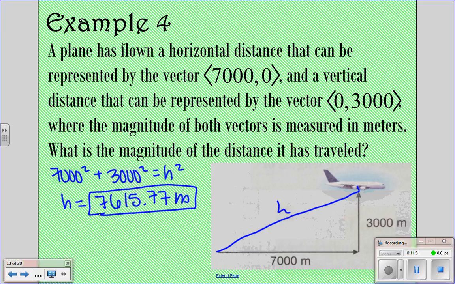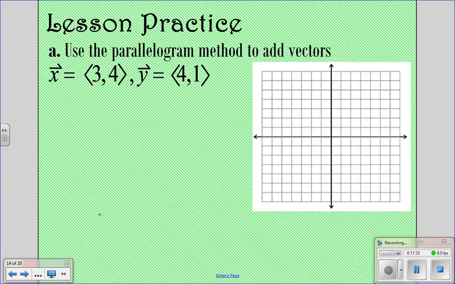Okay, so now we're going to look at some practice problems. I want you to try the parallelogram method to add the vectors, and then you can unpause the video and I'll go over it for you. So we're going to start at the origin. We're going to go over 3, and then up 4.